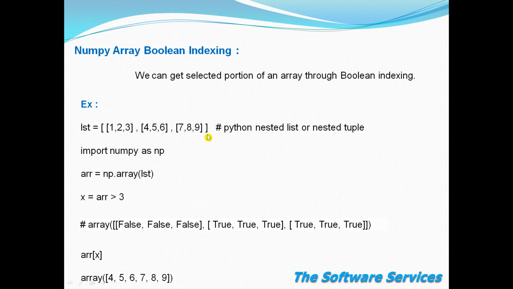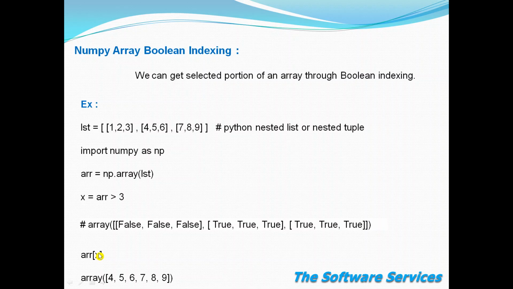wanted things, required things. So for that we had given this. A Boolean matrix was formed, and the Boolean matrix was given to the array variable in square brackets instead of numerical indexing. That point is very important here. In the earlier class we had given numbers as an index separated by commas and colon, but here we have passed a Boolean matrix.